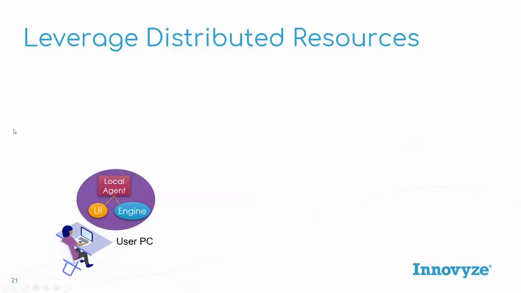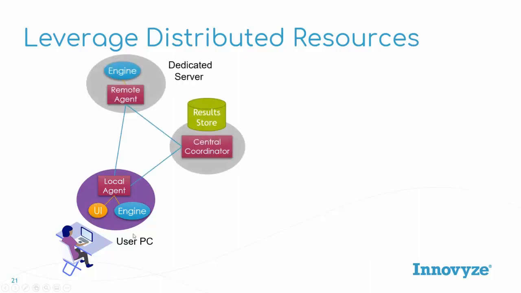So just as an example, being able to run things on a remote simulation, you can of course have all of this installed on your local computer and have the user interface and the engine all on that computer, but you can also farm this off to have a central space where, if you're in a bigger organization, you can store all your results and model information, and have some dedicated servers with that engine on it to run simulations.